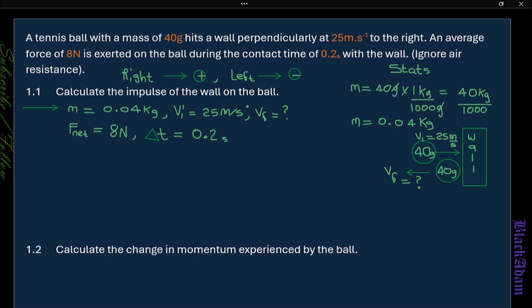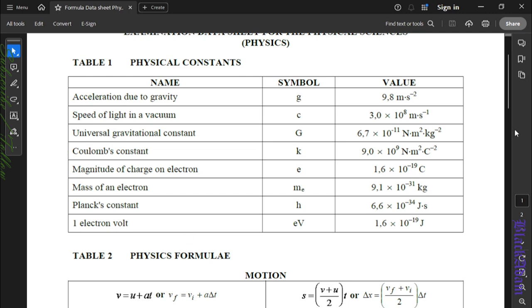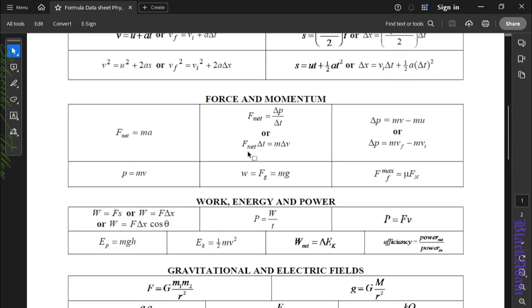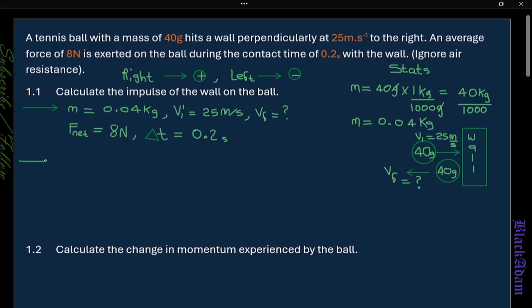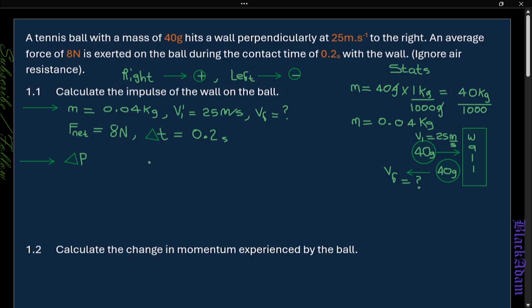Okay, what else do we have? Impulse. Let's look at the equation of impulse. Impulse is equal to the change in momentum, and change in momentum is equal to net force times time.